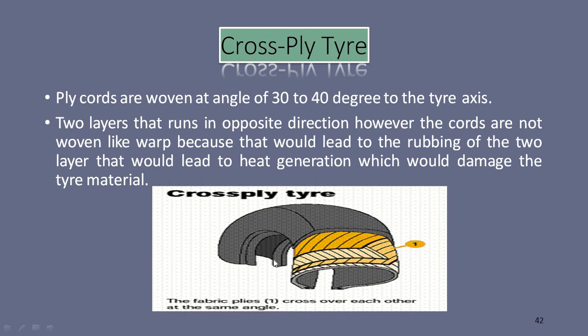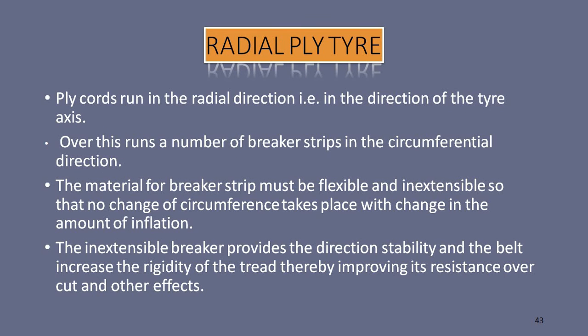You can see in the cross-ply tire that the number of layers inside are provided at a 30 to 40 degree angle to the axis.